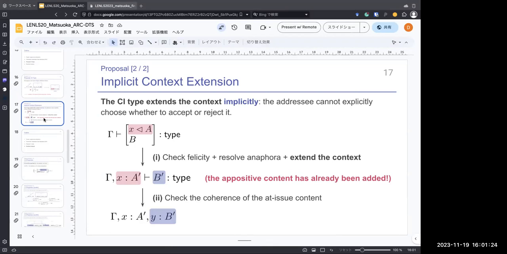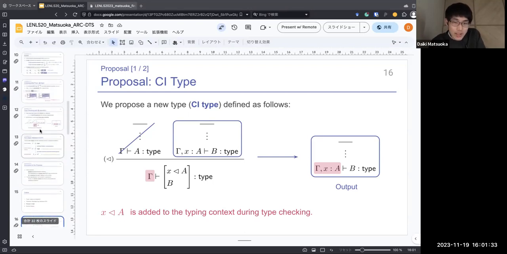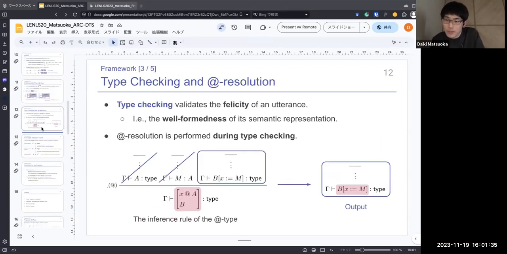That never fails. It's my understanding. For this CI type, it never fails. But as for this aspirant type, the type checking might fail because we may not be able to find the concrete type M for type A.